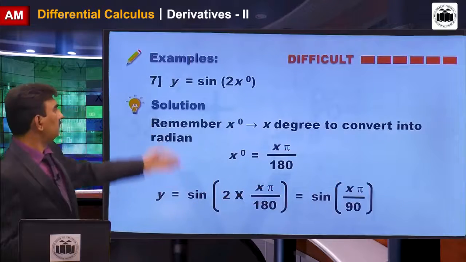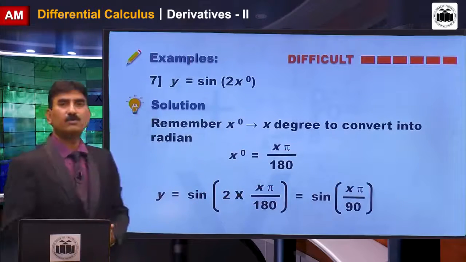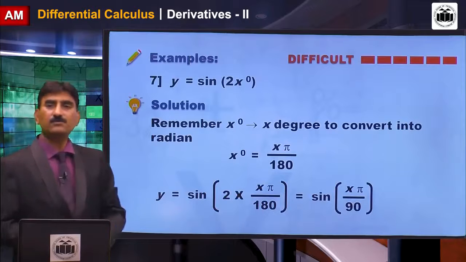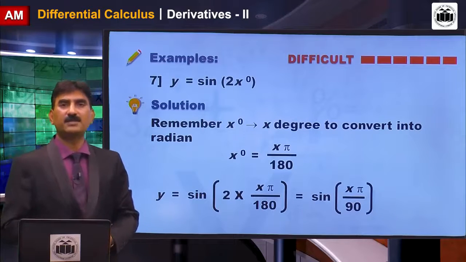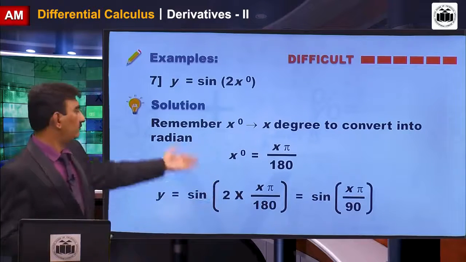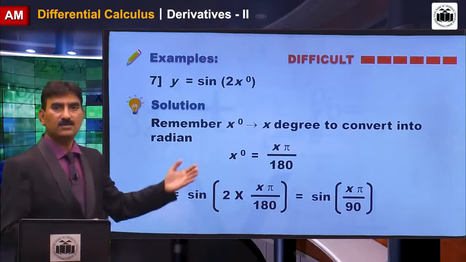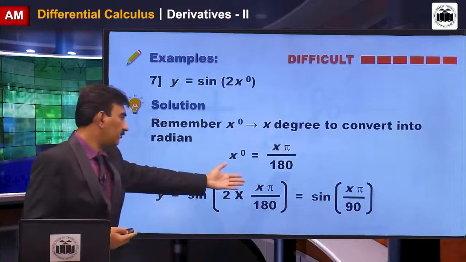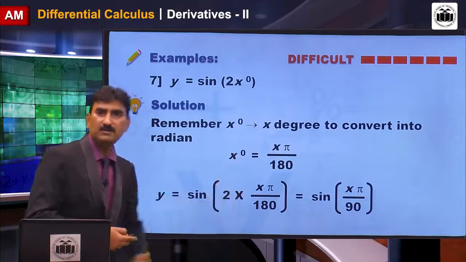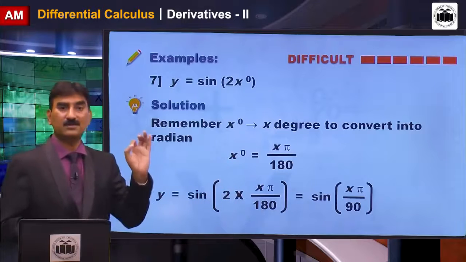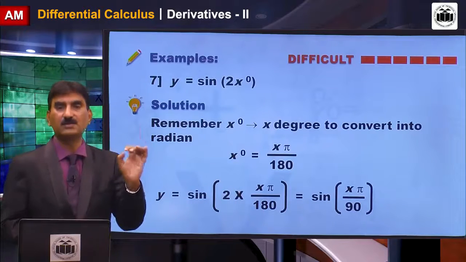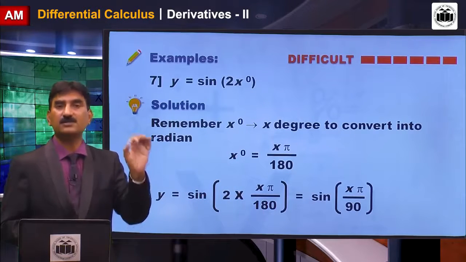Now another example, y is equal to sine of 2x degree. So first you have to convert x degree into radian. Now x degree is equal to x pi upon 180. So sine of 2x degree, that means sine of x pi upon 90. So this is not x raised to 0. This is x degree.